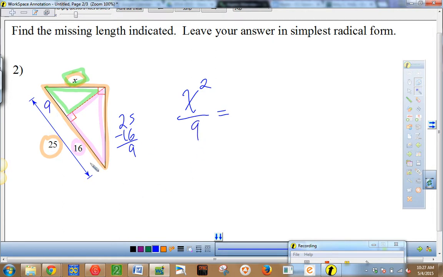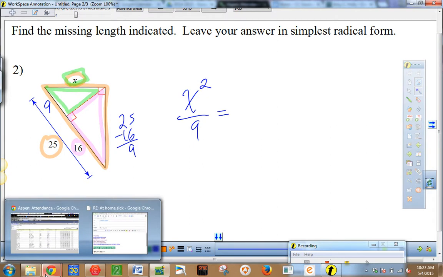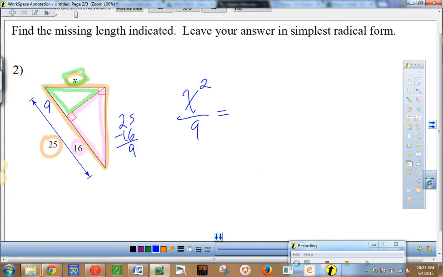And what other color is being used by x? What other color is x circled by? The 25, the orange one, right? And then Savia, multiplying square roots. Cool?